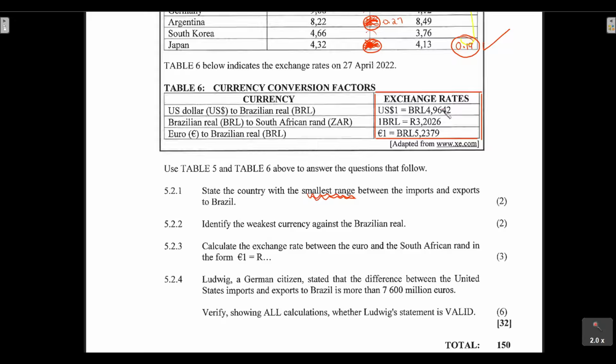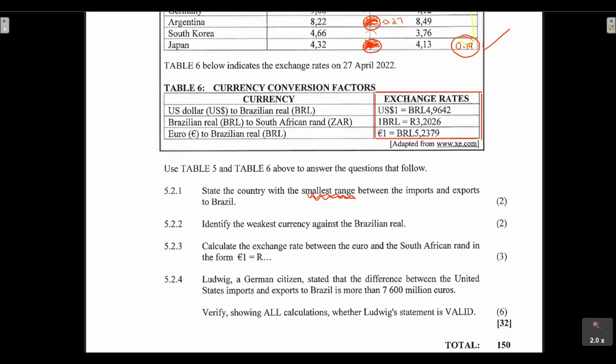If you have that equation in that form, that will help you see which currency is the weakest. The currency that gives you the lowest amount of Brazilian reals is the weaker currency, because that means if you have that currency, you will have fewer Brazilian reals. But let's put this into perspective.